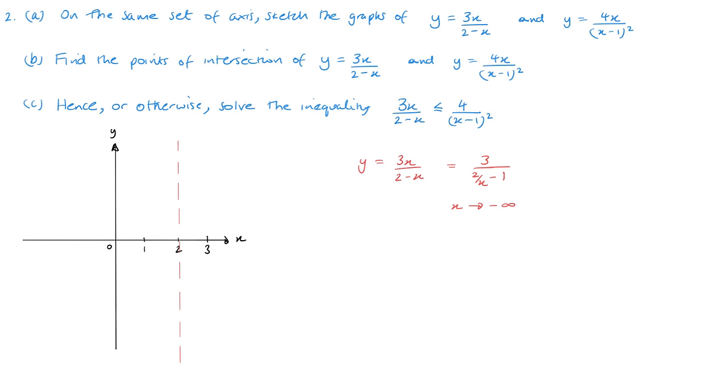So we get 3 over minus 1. So that's minus 3. And if it heads towards positive infinity, then this is going to be a very small positive number, basically 0. So this is heading towards 3 over minus 1, so minus 3. So y equaling minus 3 is going to be my other asymptote.